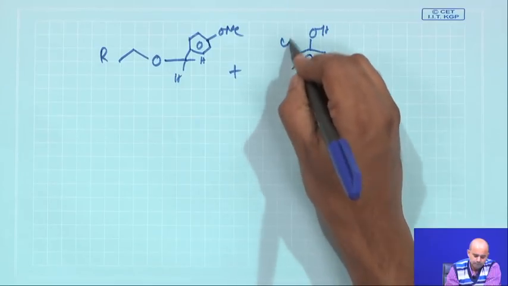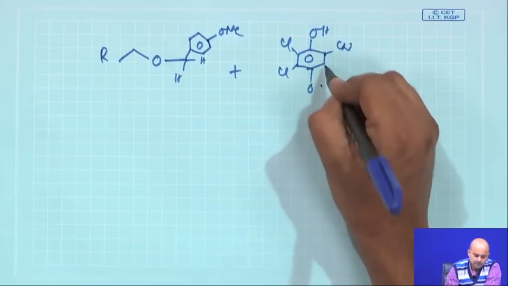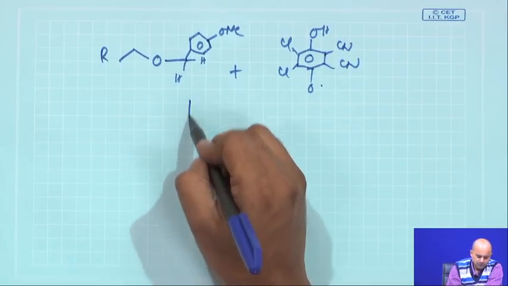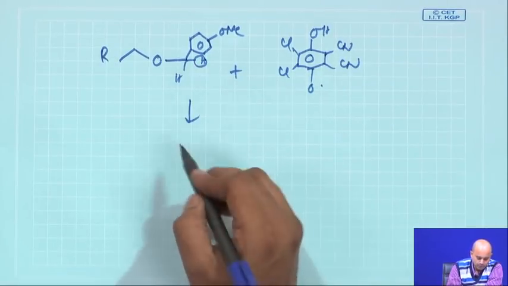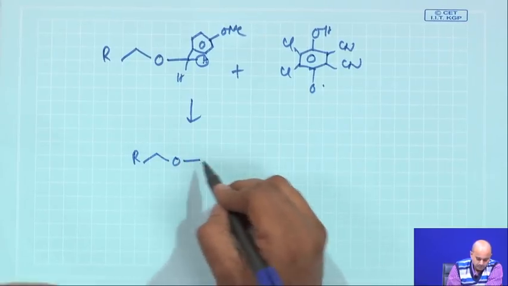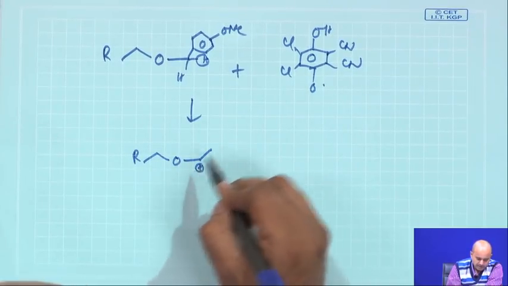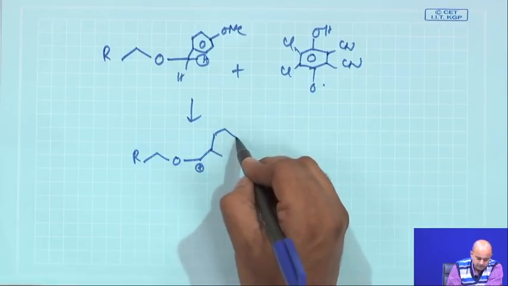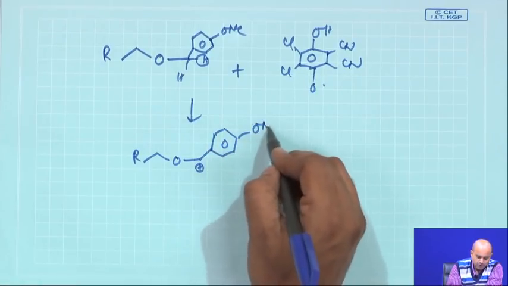Once this hydrogen goes off, you get the corresponding PMB cation, which is stabilized by the para-methoxy group.